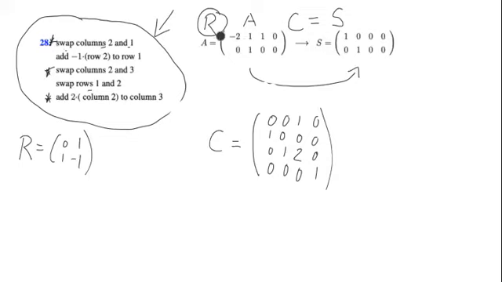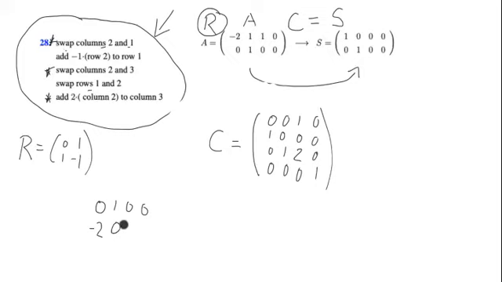It's just going to be 0 times the first row plus 1 times the second row. But pretty much we're going to pick out the second row right here to be the top row of the output. So 0, 1, 0, 0. Then here, what does this mean? That means the bottom row is going to be the first row minus the bottom row. So if we do that, we're going to get negative 2, 0.